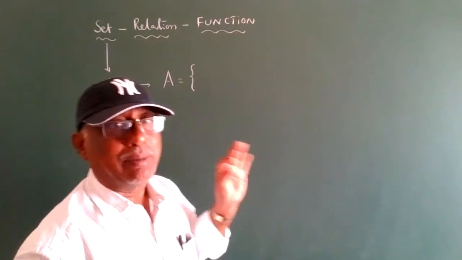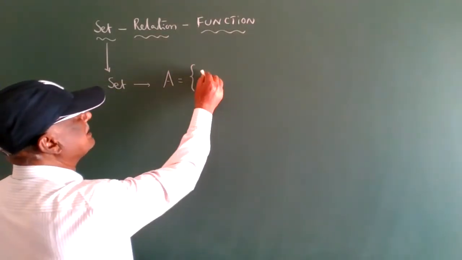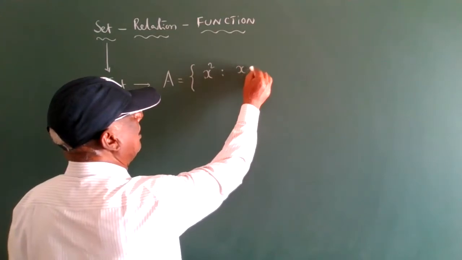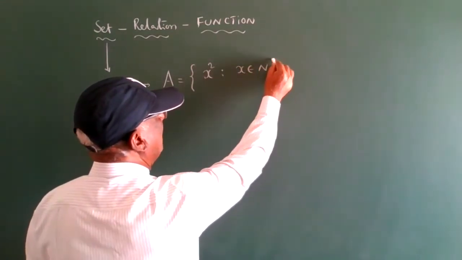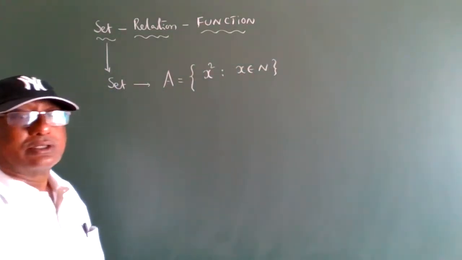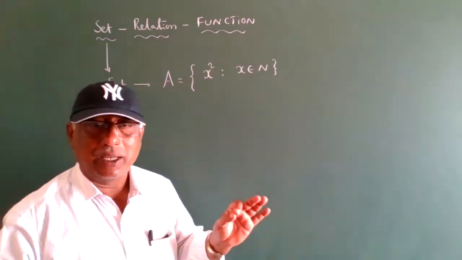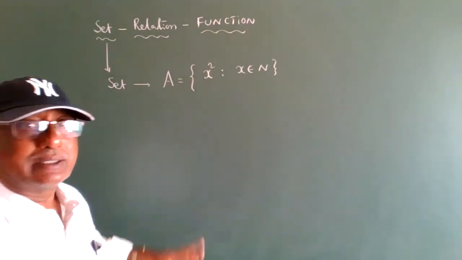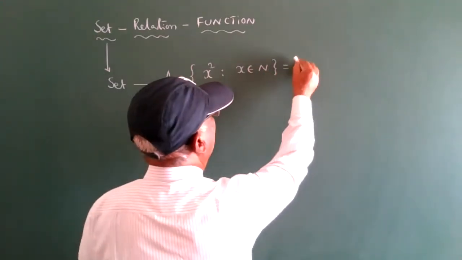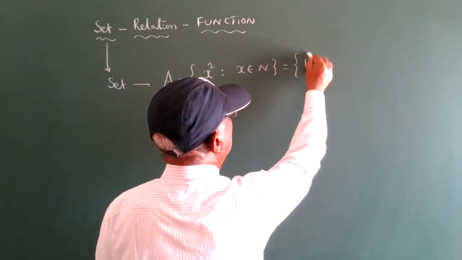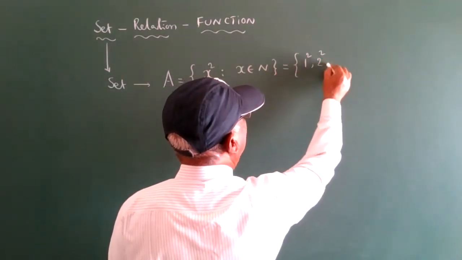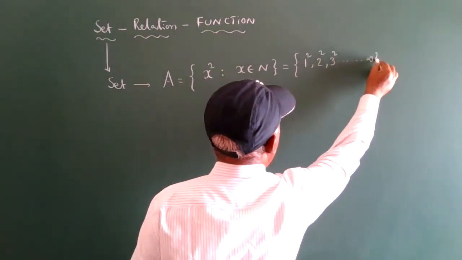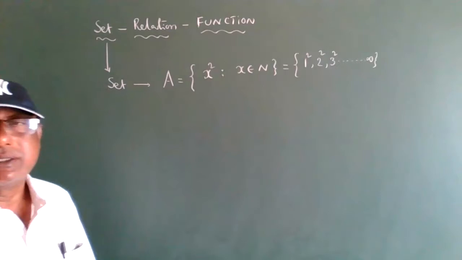Okay? Well, set builder form means {x squared such that x belongs to the natural numbers}. That means we should take the squares of natural numbers. That is equal to the roster form: 1 squared, 2 squared, 3 squared, up to infinity. Okay?